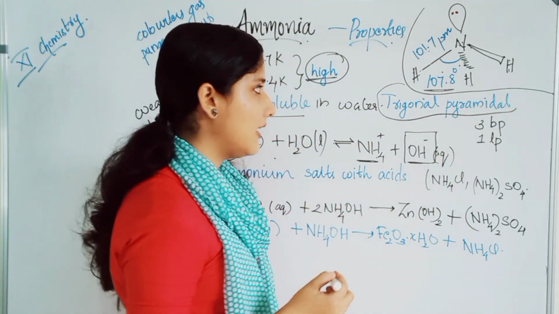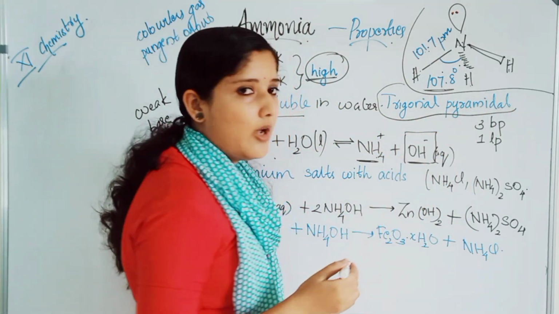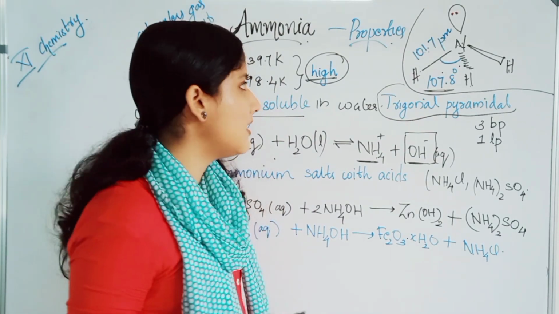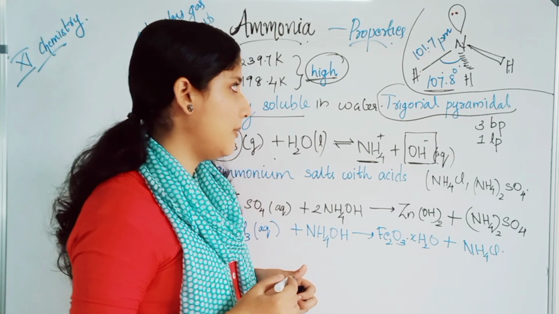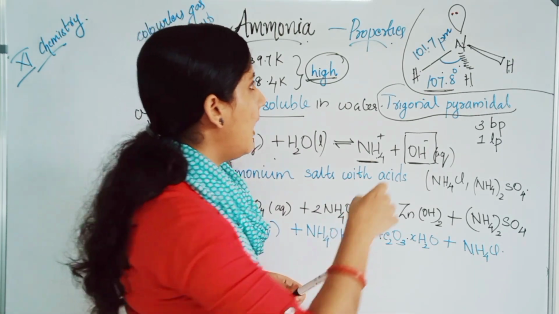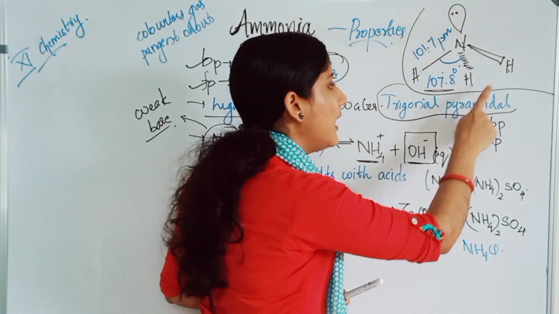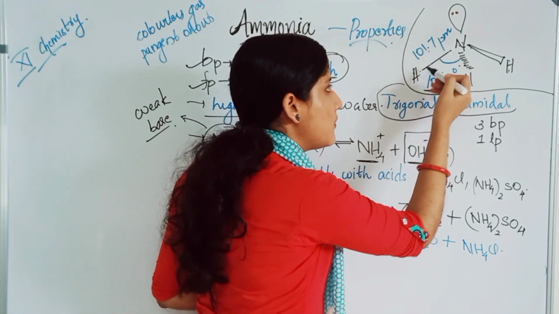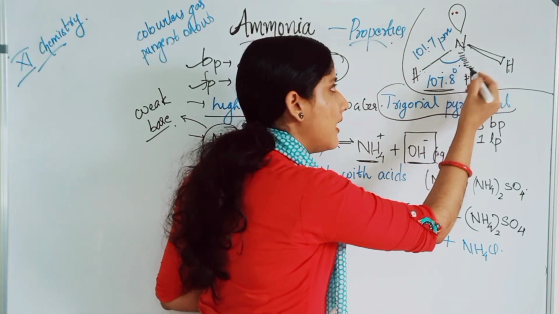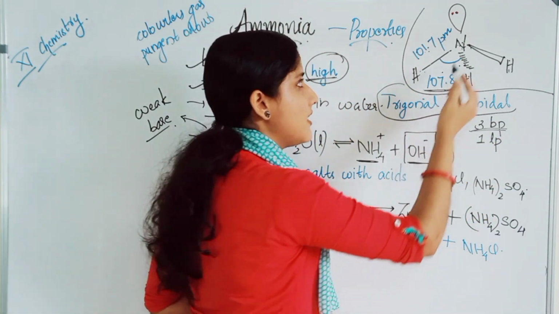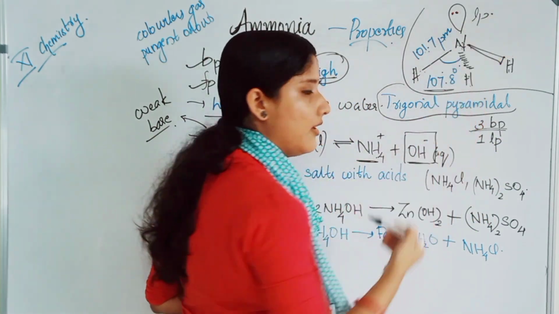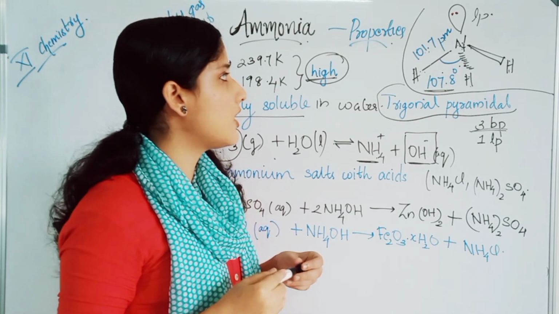Its geometry is trigonal pyramidal. You have already studied VSEPR theory, isn't it? NH3 geometry is trigonal pyramidal, and it has one lone pair and three bond pairs. This is the structure of ammonia.